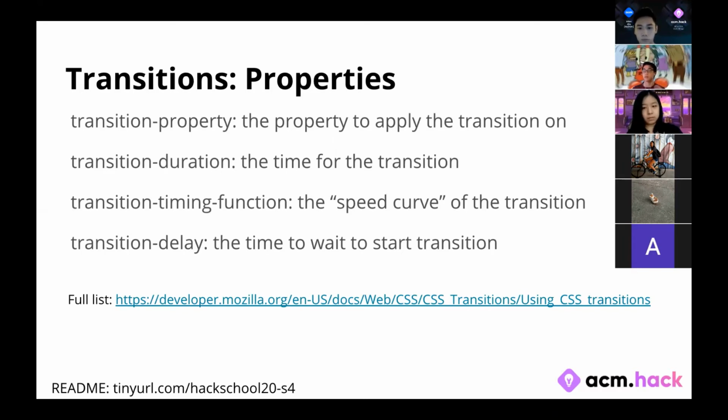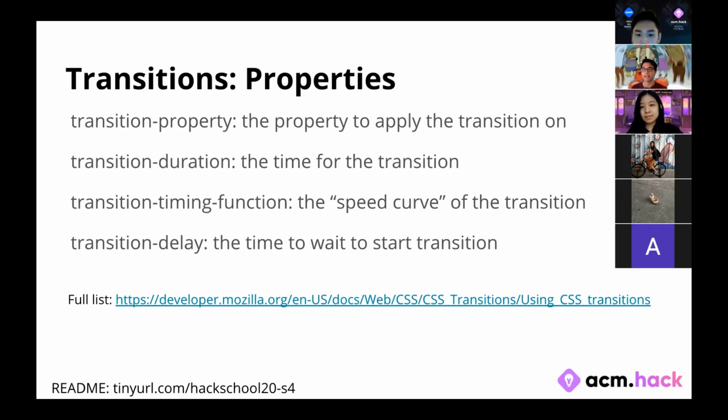So that's the speed curve of the transition. And what that kind of means is, how fast will it start out, and then how fast will it end up? And then finally, a transition delay. So that's how long it'll wait before starting the transition.